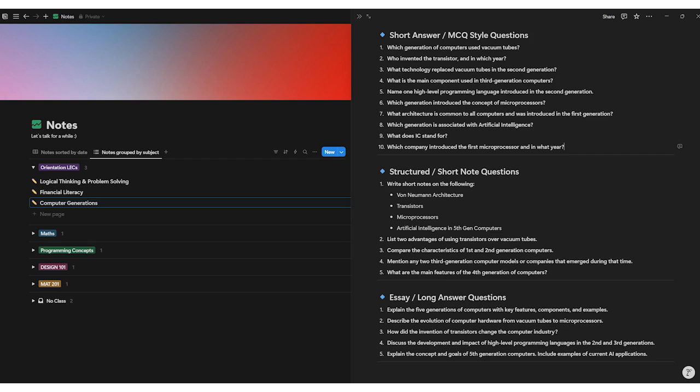First generation used vacuum tubes for circuitry and magnetic drums for memory, and they were very large expensive machines.